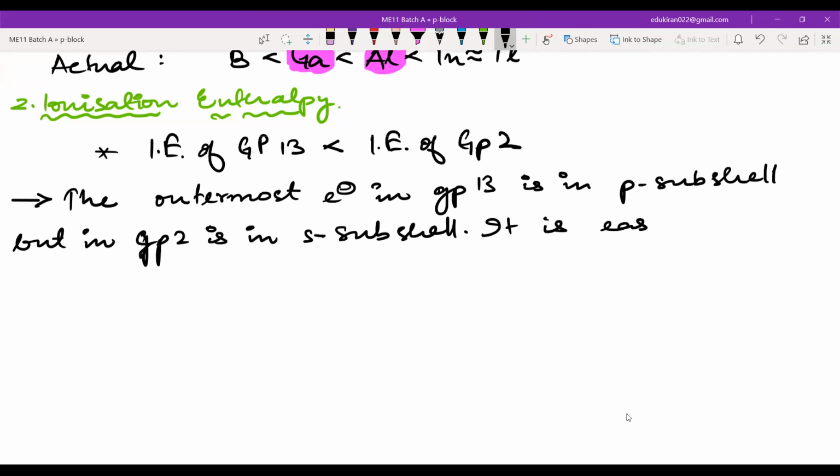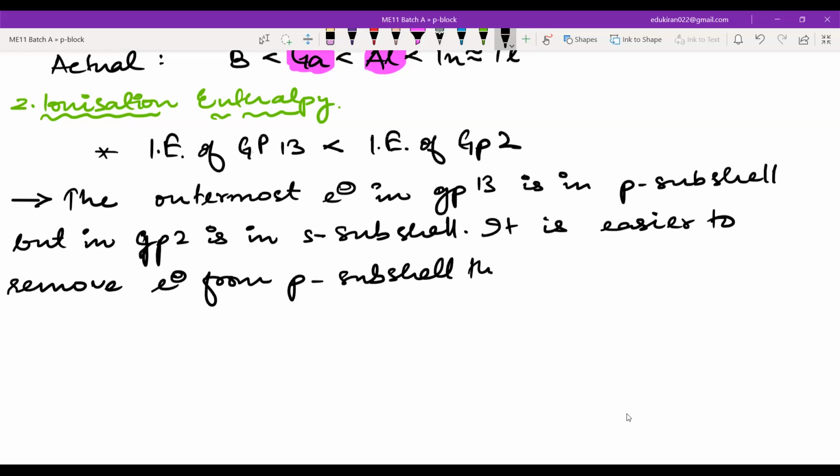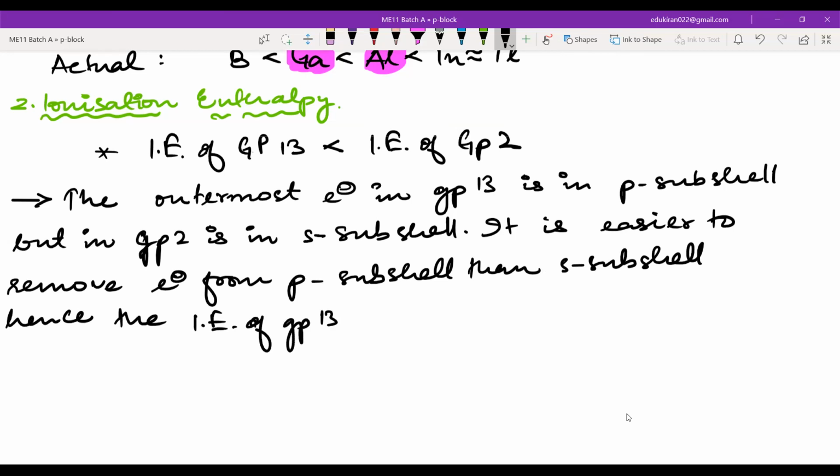It is easier to remove an electron from p subshell than s subshell. Hence, the ionization enthalpy of group 13 is less than the ionization enthalpy of group 2.